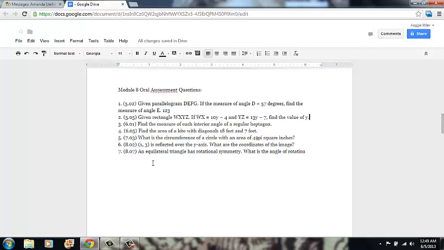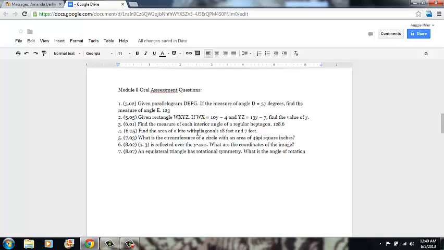No, they add up to 900. So 900 divided by 7 is how you would get that. 900 divided by 7 equals 128.6. So each interior angle of a regular heptagon is 128.6.